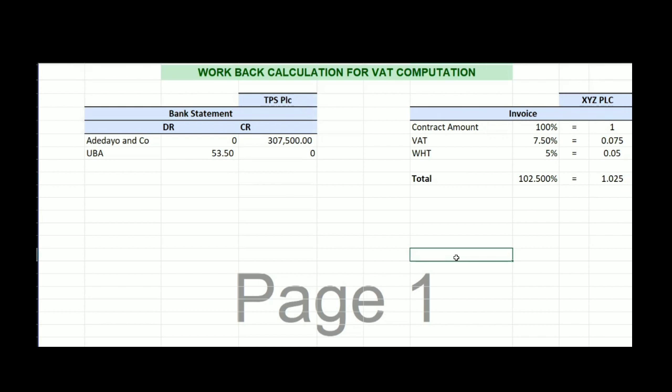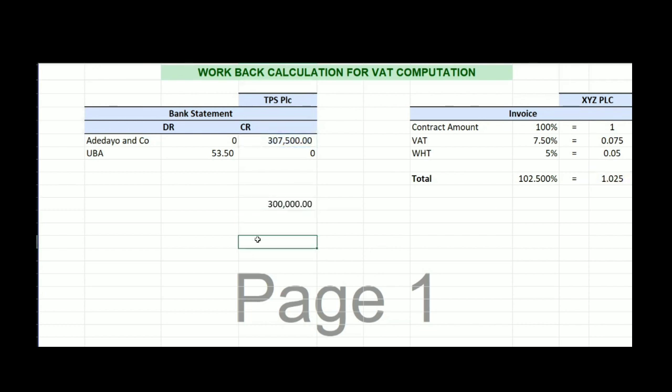So once you're able to get that, then with this I can easily get back my contract amount. All I need to do is to say the amount in the bank statement divided by what they are supposed to actually pay, 1.025. This will give me 300,000.